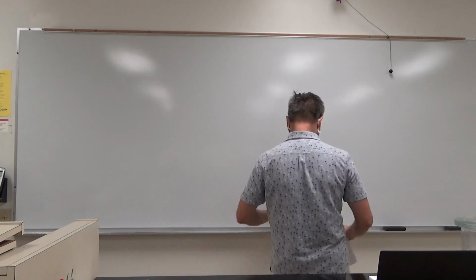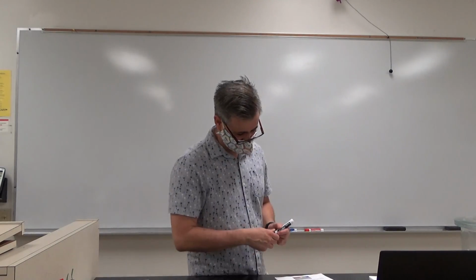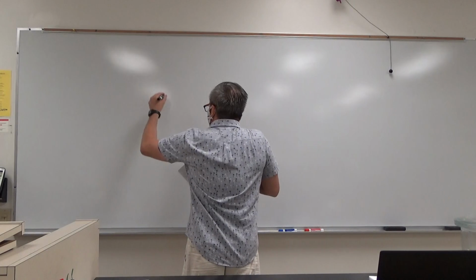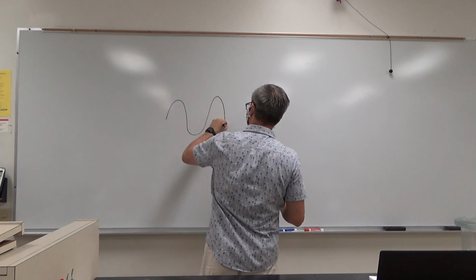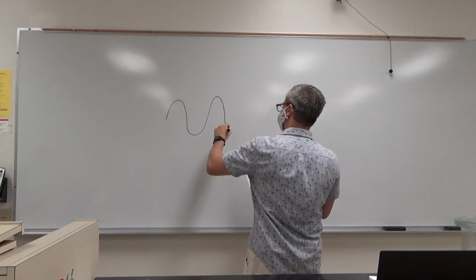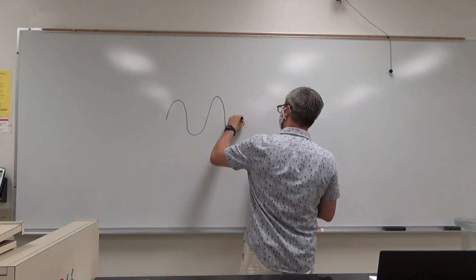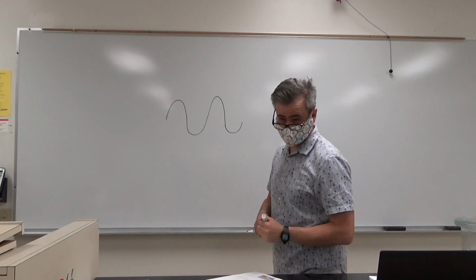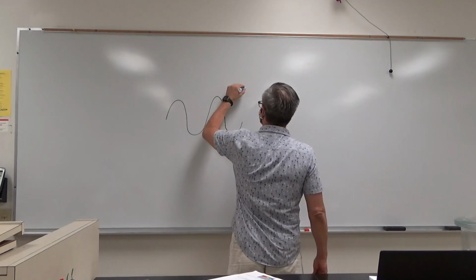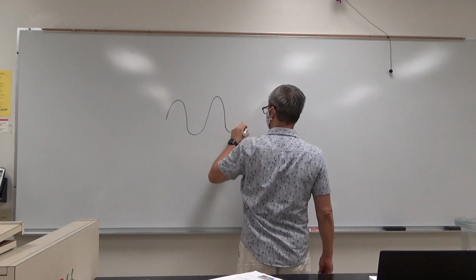So electromagnetic radiation is a propagating wave. To talk about the different parameters of electromagnetic radiation, it's good to have one fixed point in space.